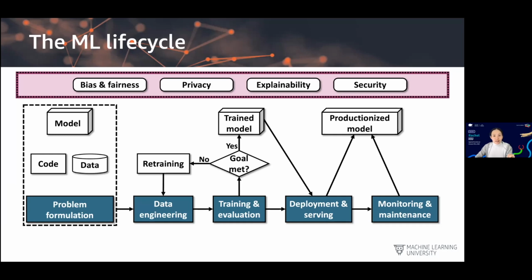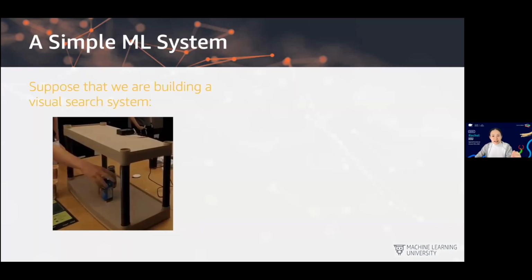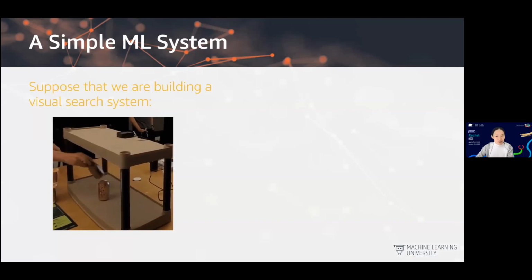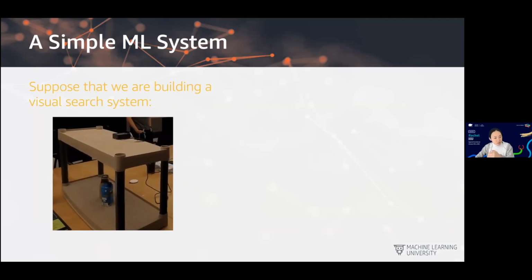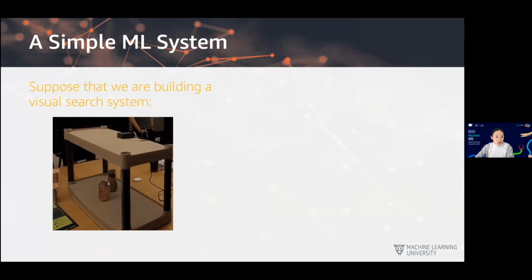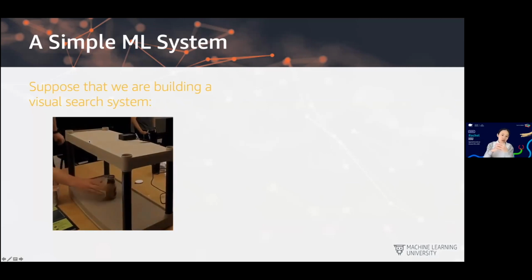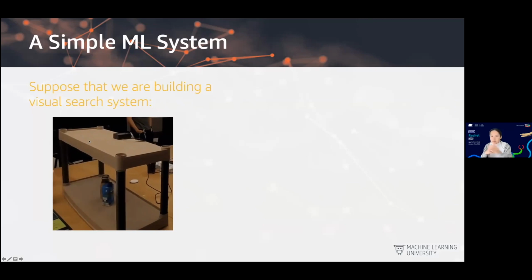It's probably a little bit abstract for you, pretty theoretical. So let me walk you through each of the components of a machine learning pipeline with this simple visual search system. Suppose you're going to build a mini Amazon Go.